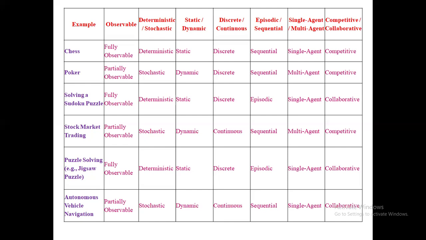The game is discrete with distinct actions like folding, betting, or raising. Poker is sequential because decisions depend on previous actions, and it involves multiple agents interacting simultaneously, making it multi-agent. Hope everyone understood. It is competitive as each player seeks to maximize their winnings at the expense of others.